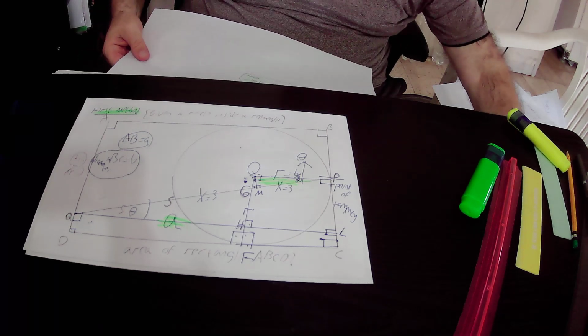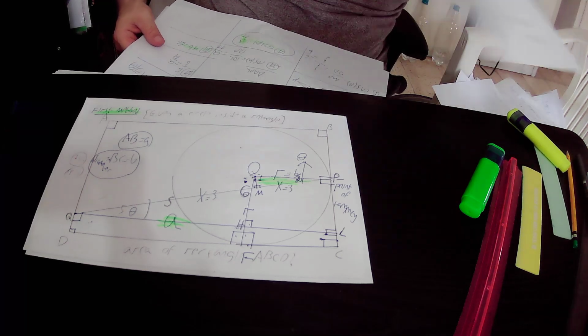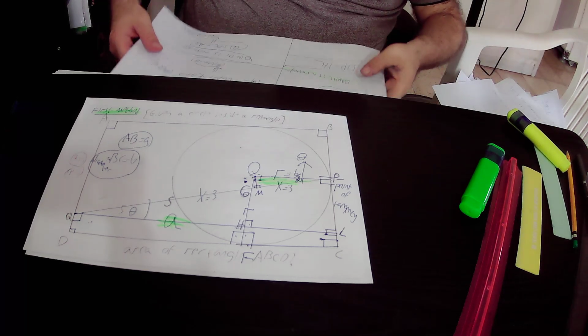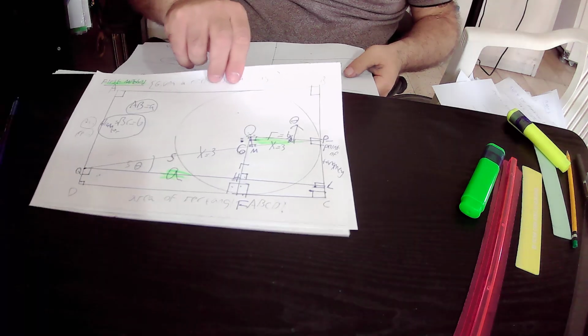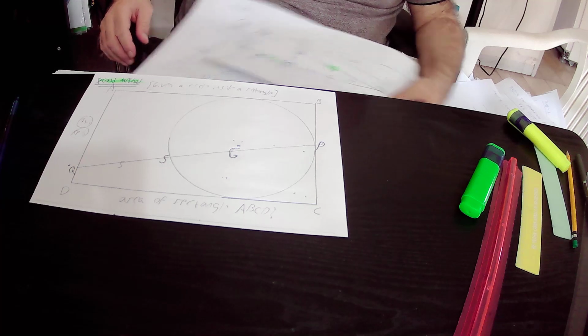In the next step, I will present how to find the area of this rectangle ABCD using the second method.